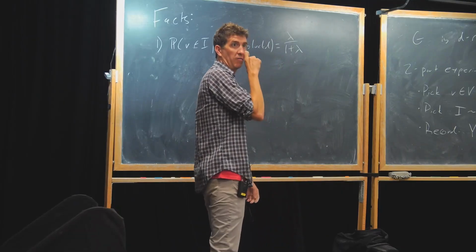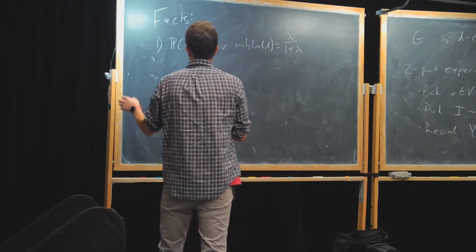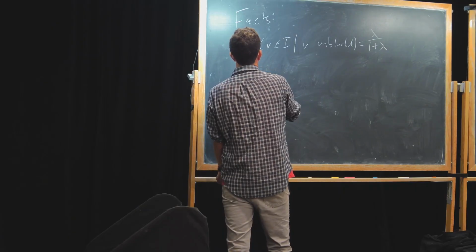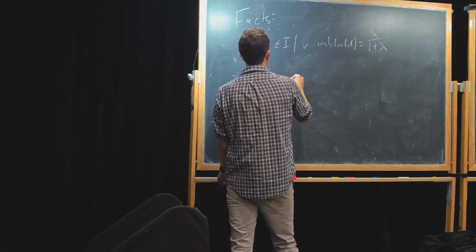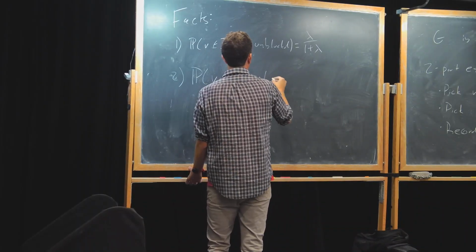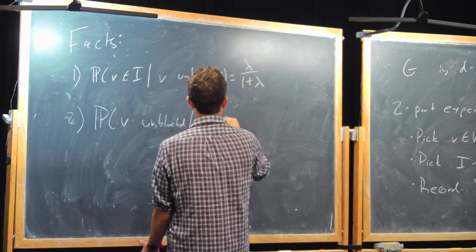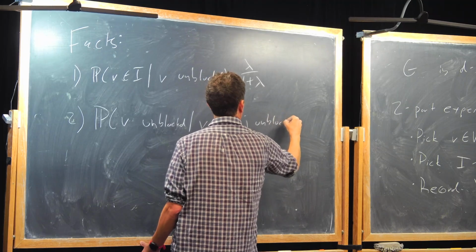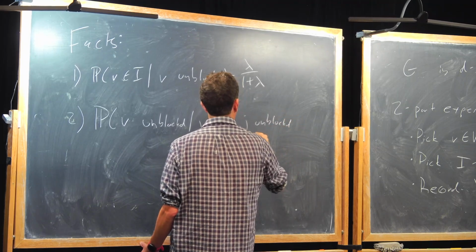So that we saw already. I mentioned that. 2. What is the probability that V is unblocked given that V has j unblocked neighbors?